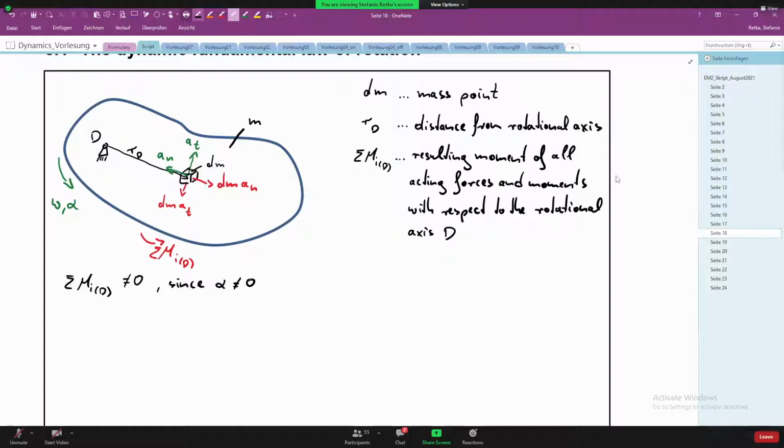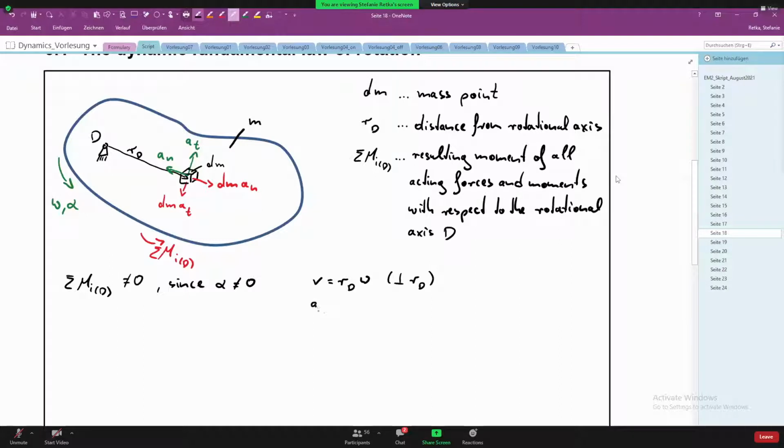Now we still have our standard kinematic variables as we discussed in chapter 1 and chapter 2. The velocity of our point mass is equal to radius times angular velocity omega, which is perpendicular to the radius.